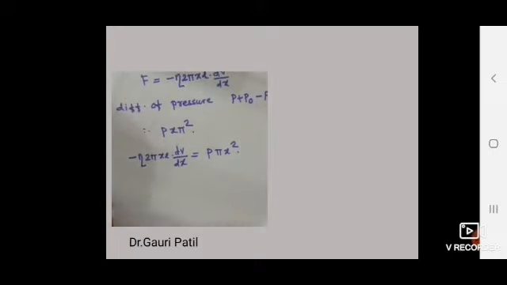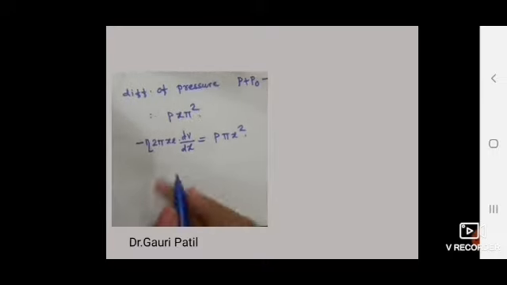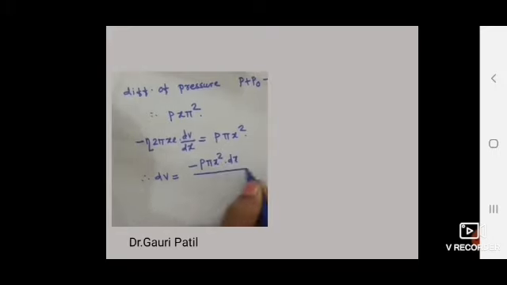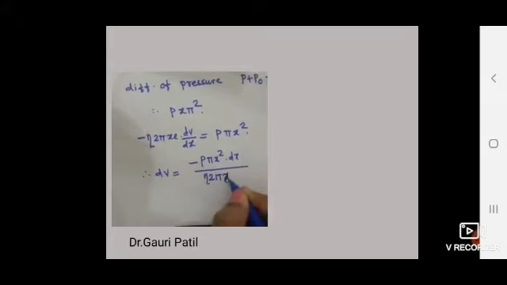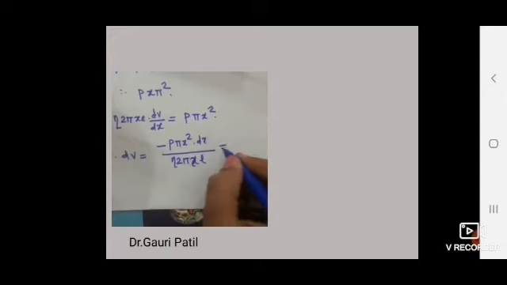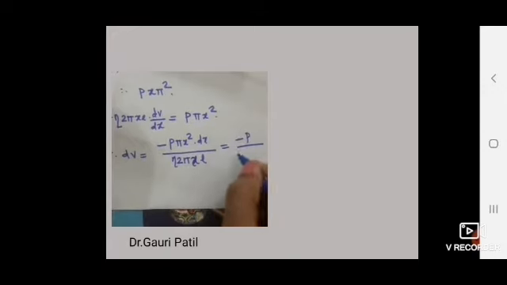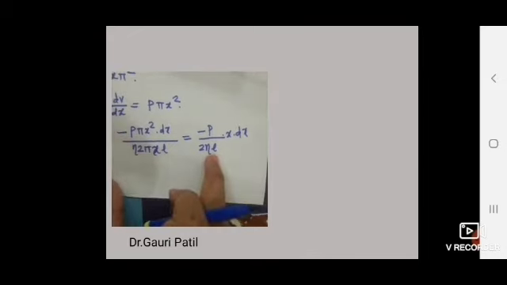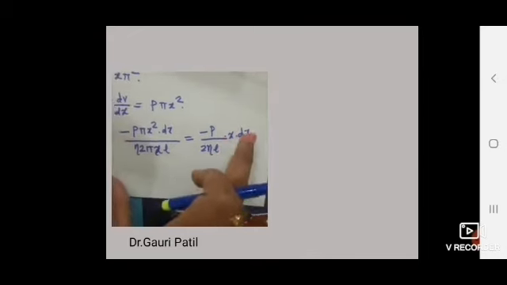From this equation, dV is equal to minus P pi x square dx upon eta into 2 pi x L, so we can write dV equals minus P upon 2 eta L into x dx.